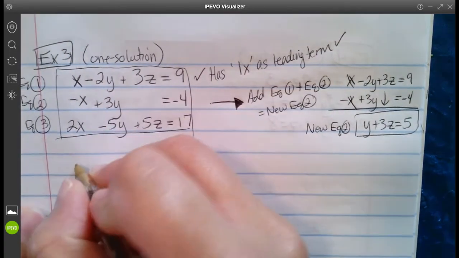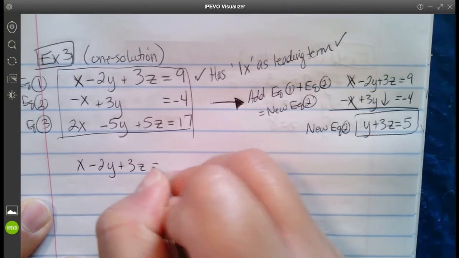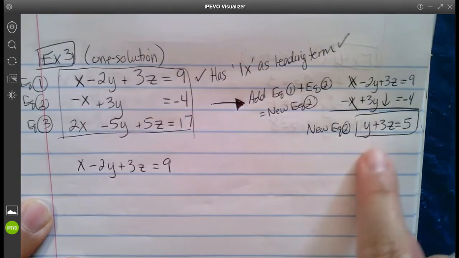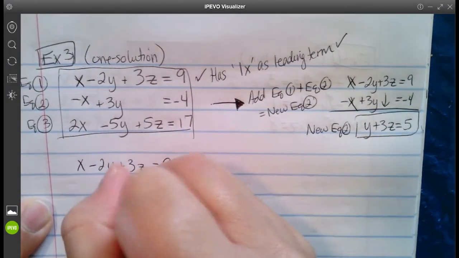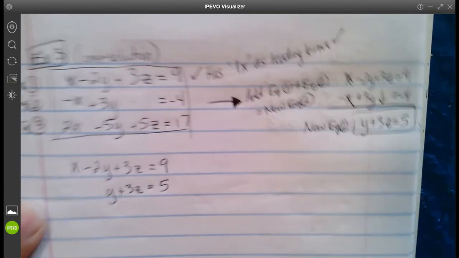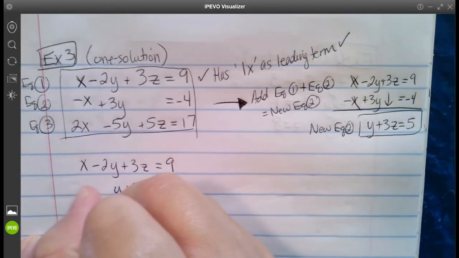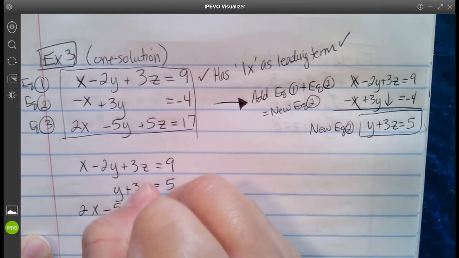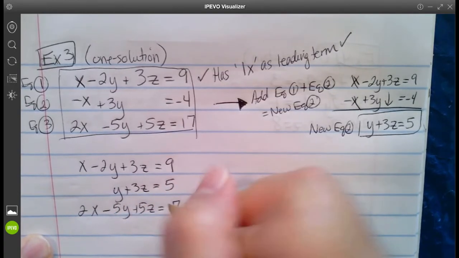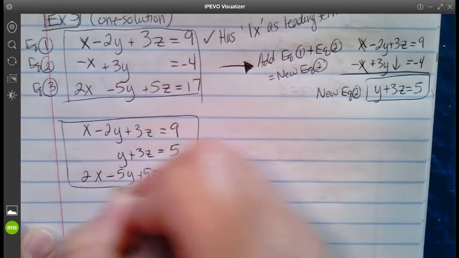So now we have x minus 2y plus 3z equals 9. The first one stays the same. The second one is being replaced by this: y plus 3z equals 5. And my third equation, I haven't messed with that one yet: 2x minus 5y plus 5z equals 17. So now this is the system that I'm looking at.